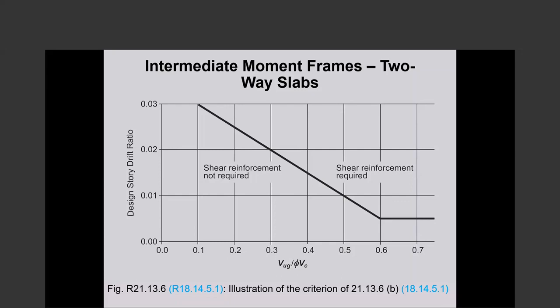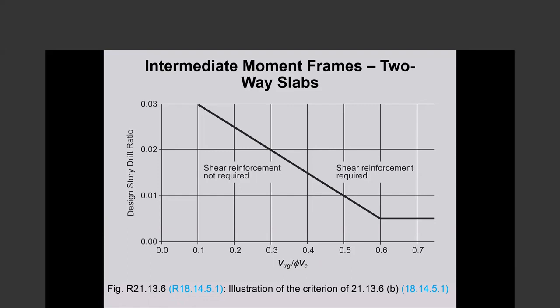V sub c is the smallest value given by the three formulas that you have seen, typically 4 square root of f sub c prime in our units. Okay. So if you have 40% on the x-axis, that means the punching shear caused by gravity is 40% of what concrete can carry. On the y-axis is design story drift ratio.